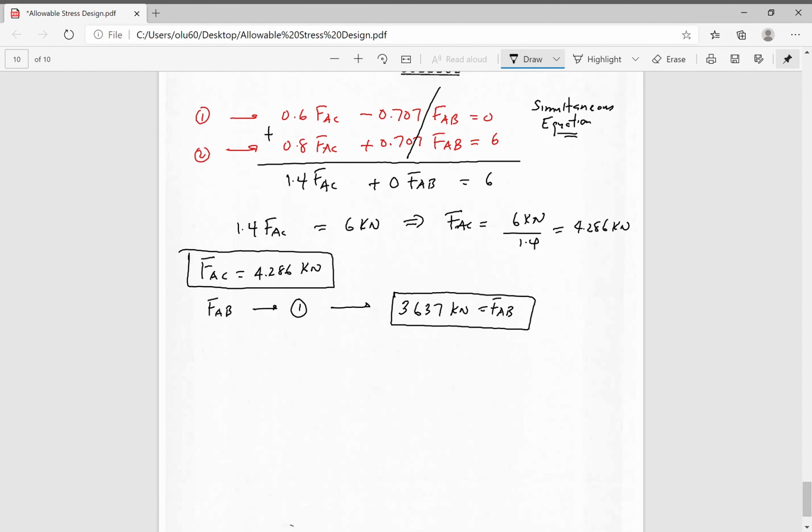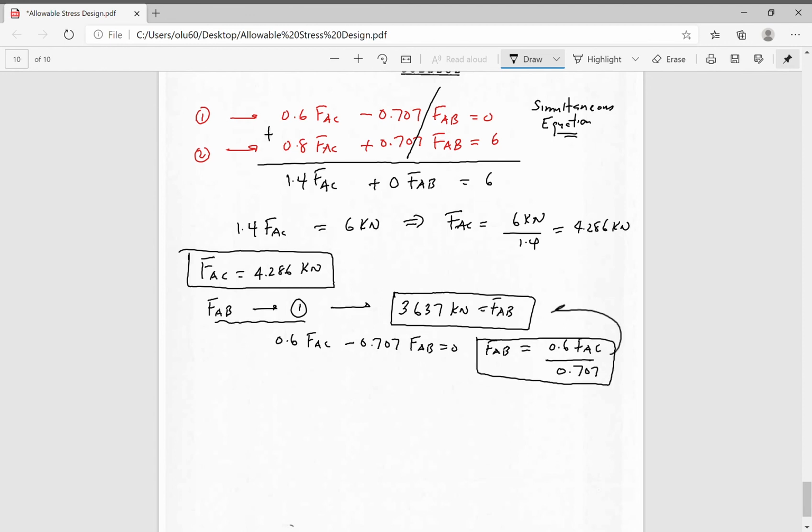So you just go back to equation 1, which is 0.6 FAC minus 0.707 FAB equals 0. I want to solve for FAB. That means FAB happens to be 0.6 FAC divided by 0.707, and when you do that, you're going to get this.